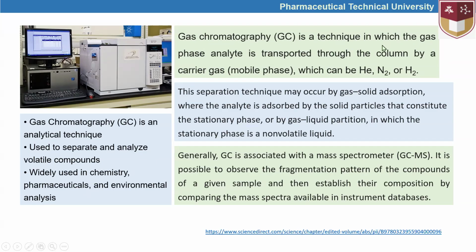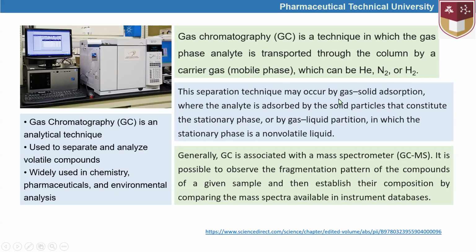Gas chromatography is a technique in which the gas phase analyte is transported through the column by a carrier gas, which can be helium, nitrogen, or hydrogen. Therefore, it is expected to be not expensive. I mean, carrying out the experiments is not as expensive as HPLC, I would say.